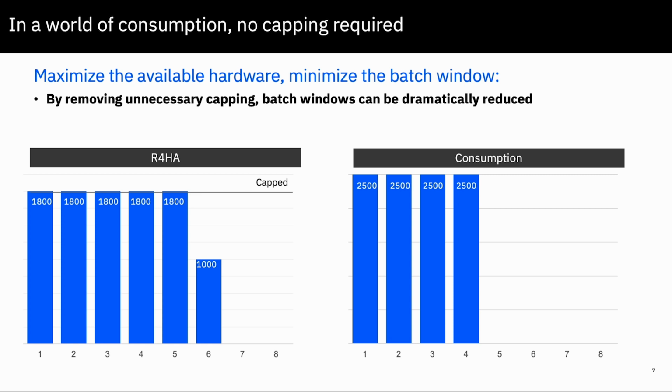However, in the world of consumption, there is no need for capping, and so our clients are now free to use all of their machine. So going back to this example, the customer is free to use all of the 2500 MSUs capacity of the machine, with the exact same 10,000 MSUs batch workload on the right-hand side, then processed not in 5.5 hours, but in just 4 hours.